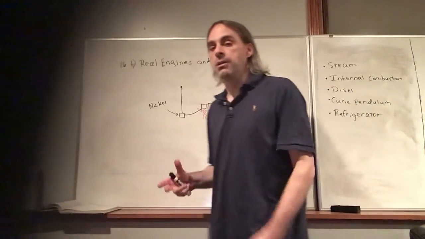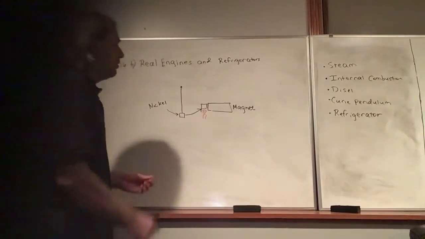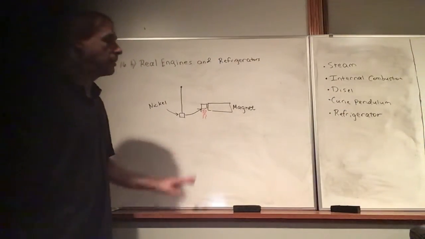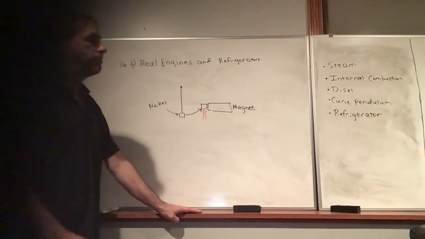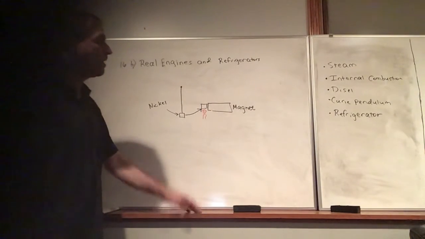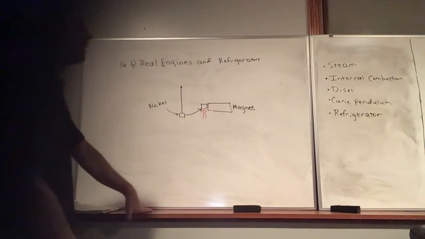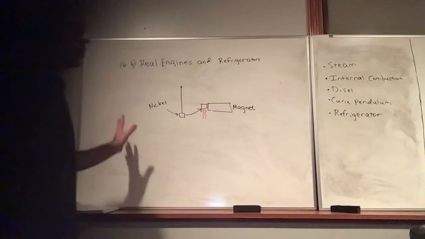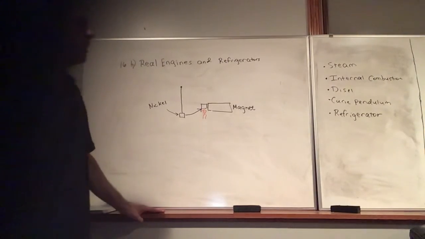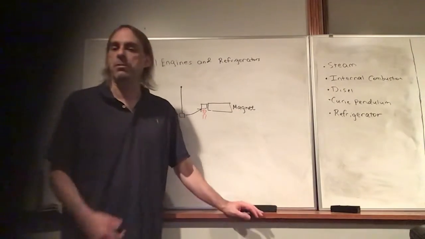If you're an engineer designing an engine, you have to look at all these factors, but the previous lecture was just very general stuff that all heat engines have to obey. So, huge variety.